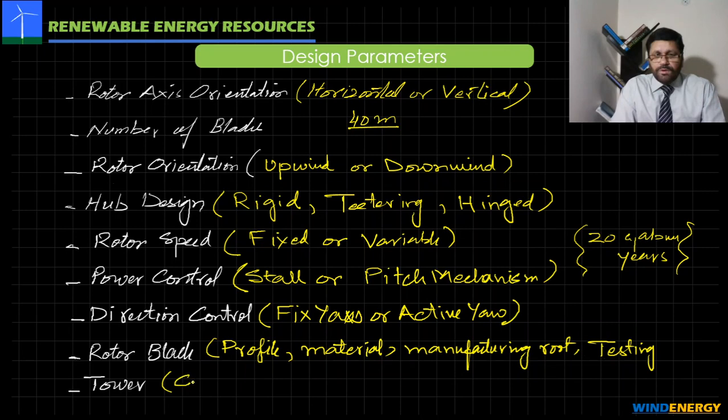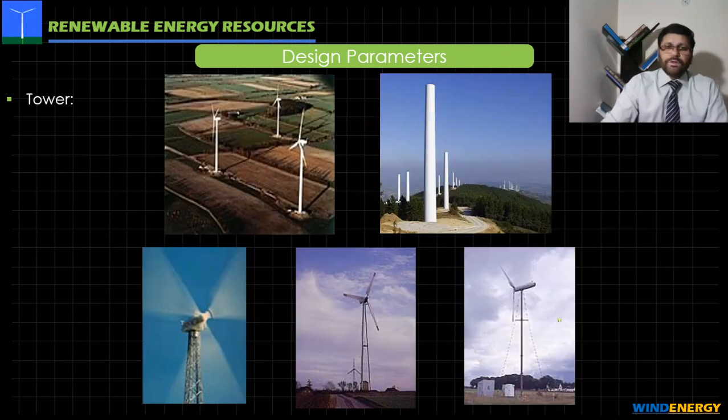So you may go for concrete towers, tubular steel towers, or you may go for the latest towers. So here you can see these are the concrete towers, you have tubular steel towers, and you have the latest towers like here.